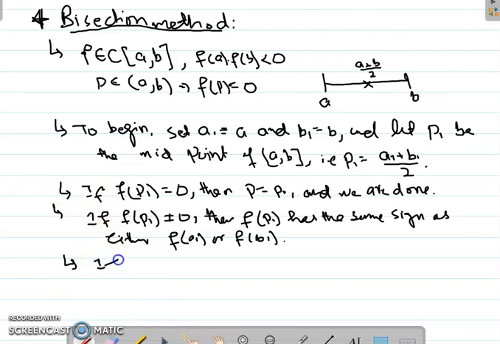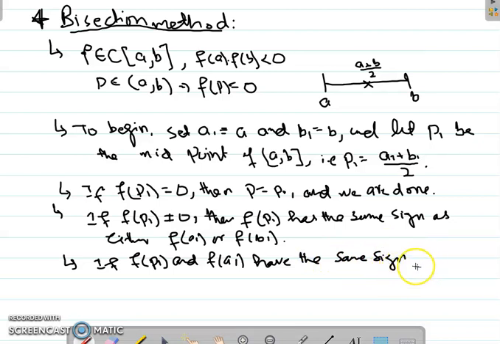If f of p1, the middle value we have found here, and f of a1 have the same sign, then it means that the required root belongs to the interval which contains opposite signs.